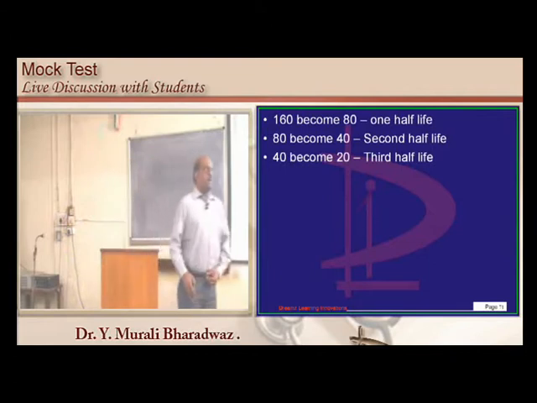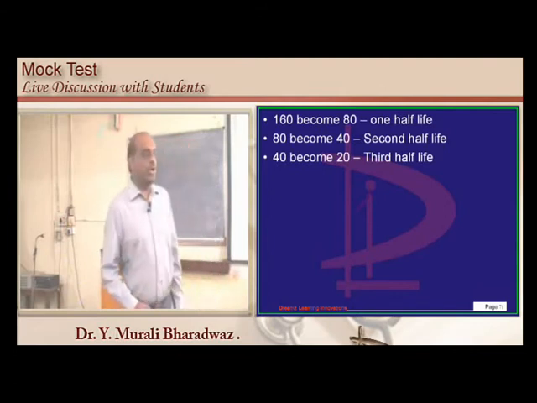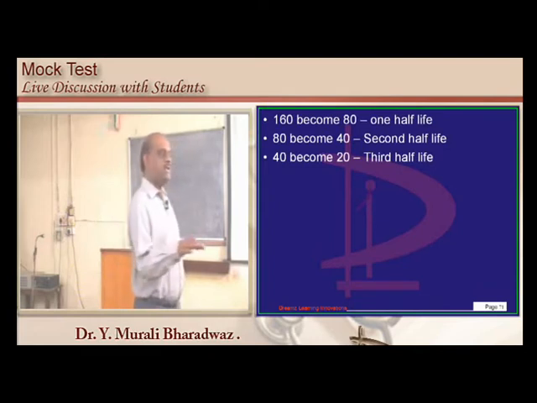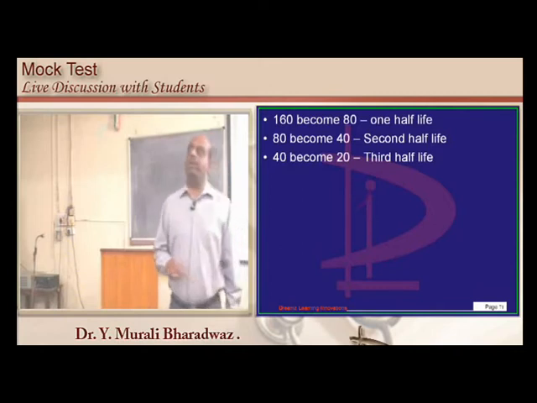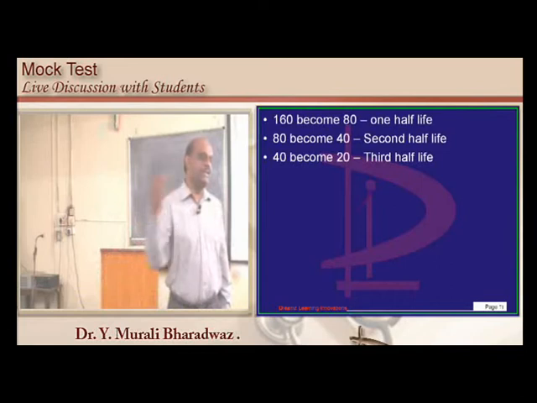So volume of distribution, first order, zero order kinetics, then toxic range, therapeutic index, everything in pharmacokinetics is one topic where you are able to answer. If the examiner asks that question and you are able to answer it in the exam hall, it means you have crossed 200-300 students.